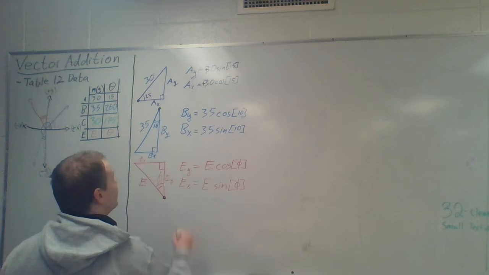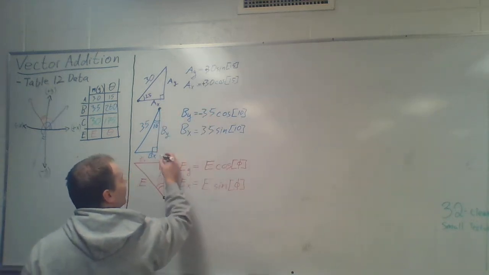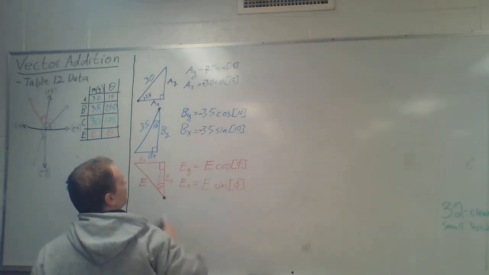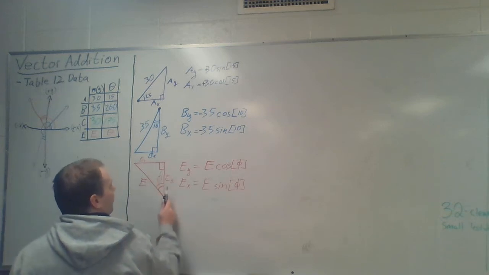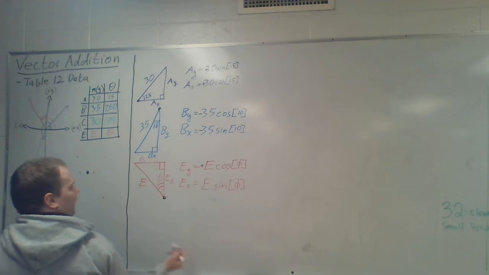Vector B moves in the negative y direction, so it's going to be negative, and the negative x direction. So this is also negative. And vector E is positive y and negative x.